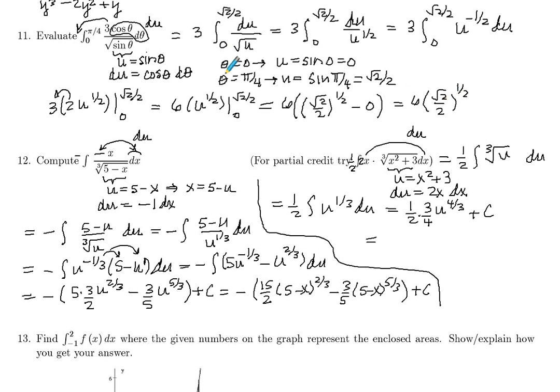If you did change back to the x's and use the original 0 and pi over 4, you'd get the same answer. It'd just be more work. So here, 1 times 3 is 3 on the bottom, 2 times 4 is 8, 3/8. And then instead of u to the 4/3, we're going to do x squared plus 3 to the 4/3, and then plus c on the end. And then that one's all set.